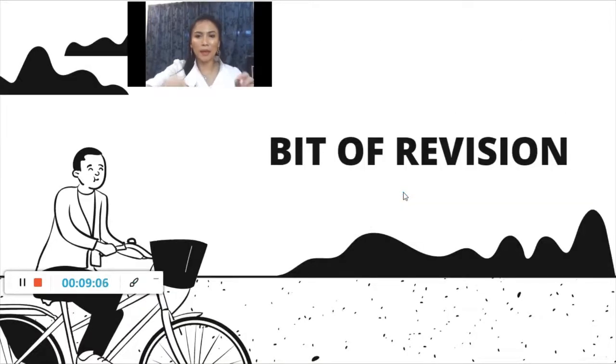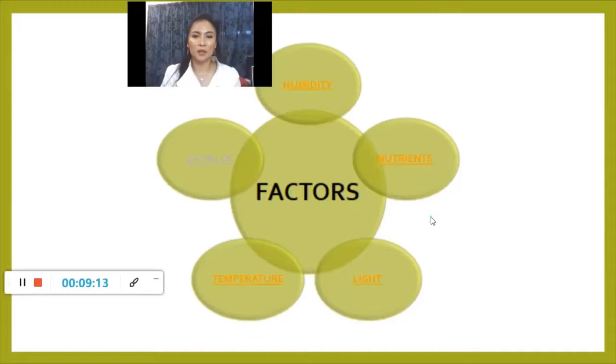What happened to my slide? Okay, so before we answer it, it's a bit of revision now. There are 5 factors that affect the growth of microorganism: nutrients, light, temperature, pH value, and humidity.